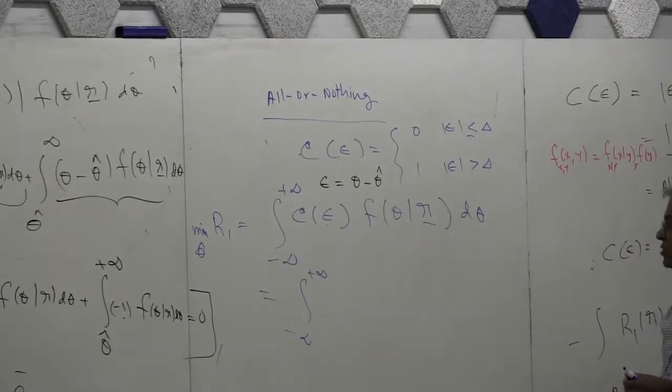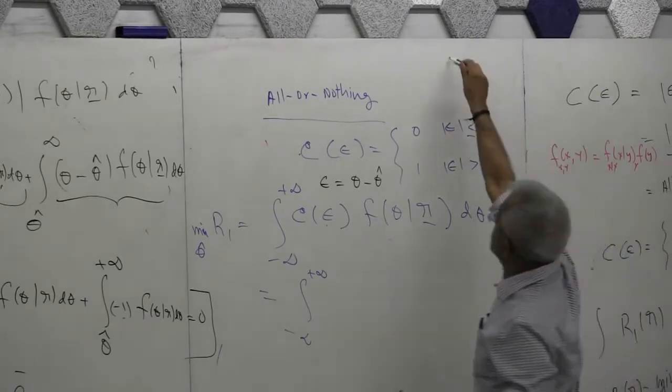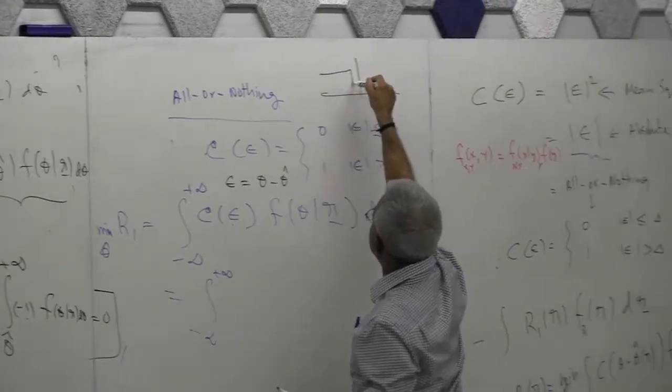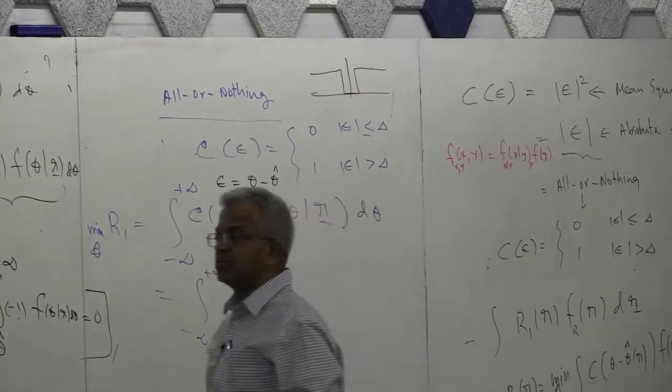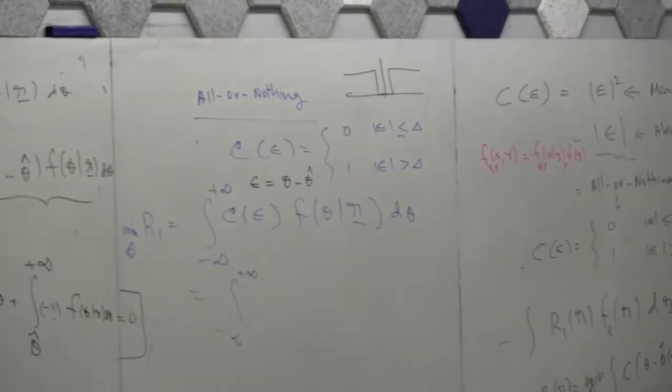So look at the cost function. The cost function is now like this, right? This cost function, I can also rewrite slightly differently.